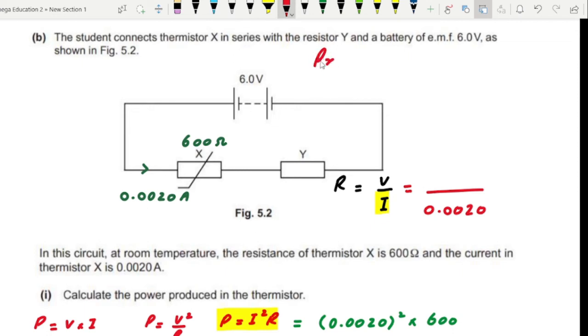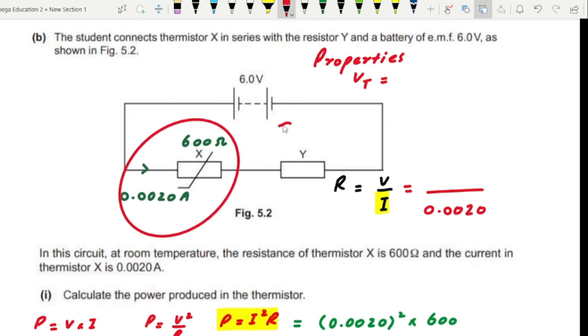So in the equation, when more than one thing is missing, then you have to use the properties of the circuits. Now, one property of the series circuit was that the total voltage of the battery equals the sum of the voltage over here plus the voltage over here, V1 plus V2.